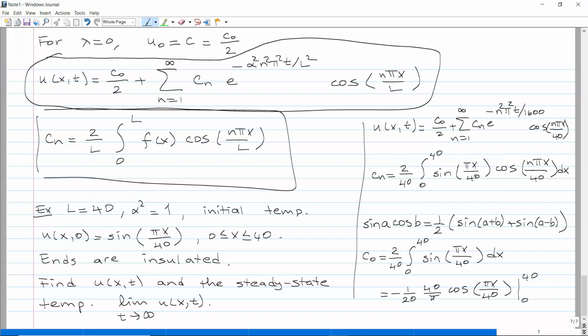When x is 40, cosine of pi is minus 1. So I have minus 2 over pi times, when x is 40, cosine pi is minus 1, minus when x is 0, cosine 0 is 1. So I have 4 over pi. C0 is 4 over pi.